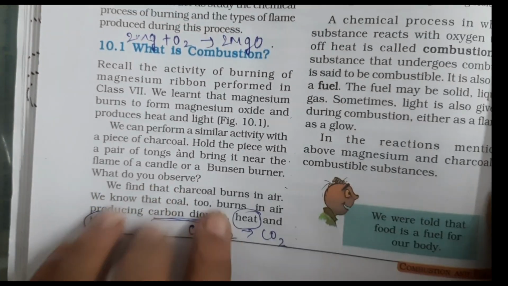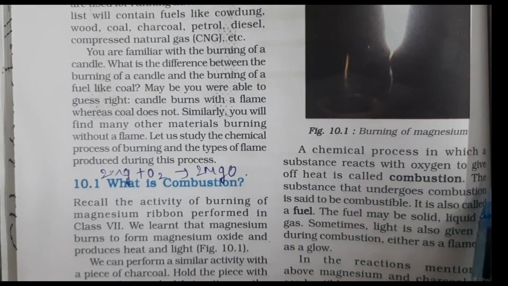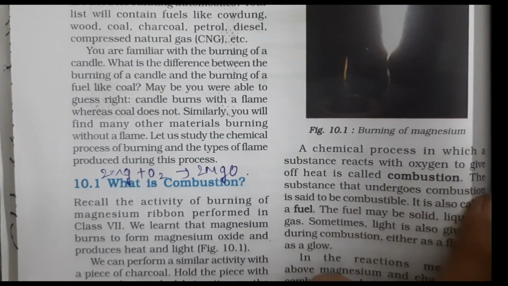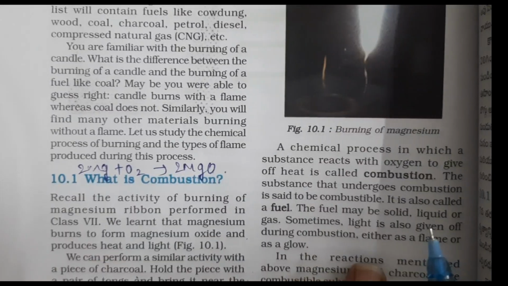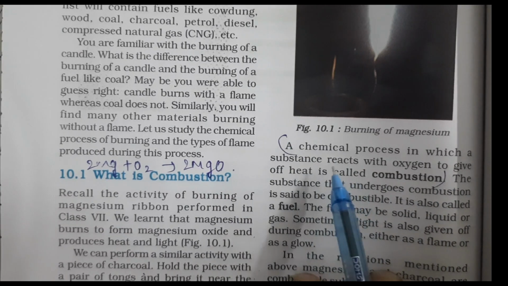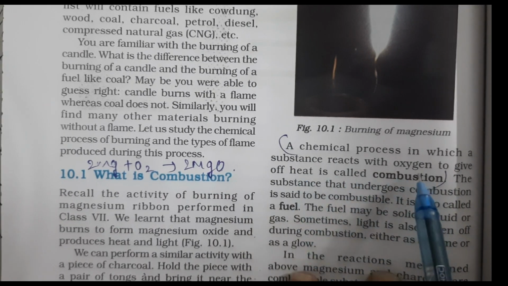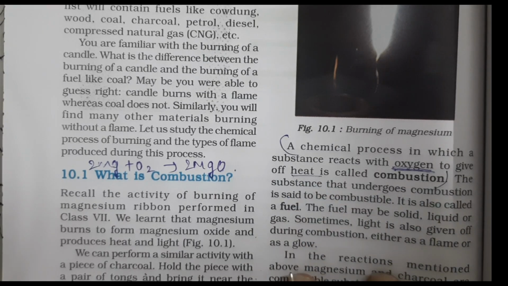Now how do we call it a chemical process? A chemical process in which a substance reacts with oxygen to give off heat is called combustion. This is the definition of combustion. Underline and learn it properly.